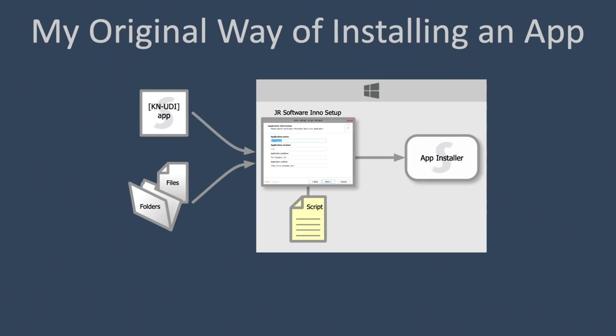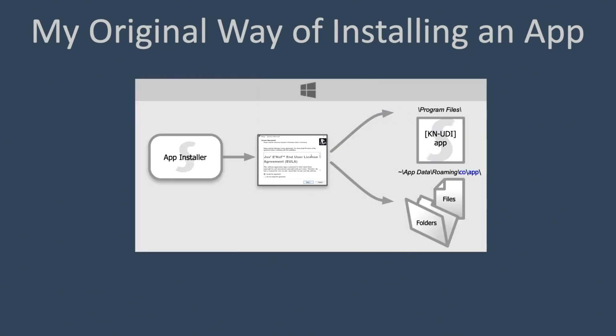What it does is you set it up by identifying your app information, any legal information you want to display to the customer. You also identify where your app's files and folders are, and then you create this script, and you install it with what they produce. What they build is what they call the app installer, and JR Software is just really great stuff.